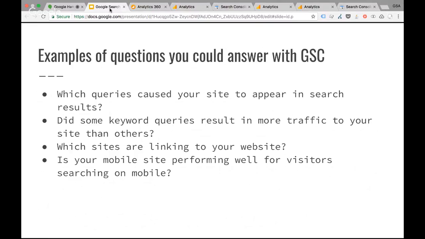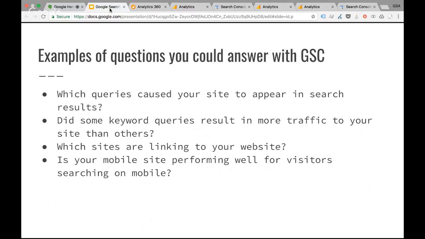So here are a couple examples of questions that you could answer with Google Search Console. For example, you could better understand which keyword queries caused your site to appear in search results. You could understand, did some keyword queries result in more traffic to your site than others?